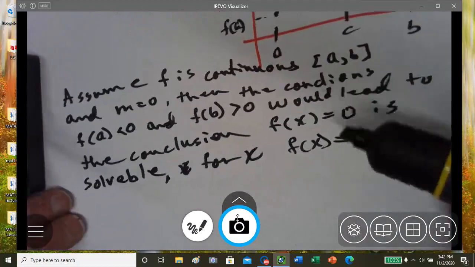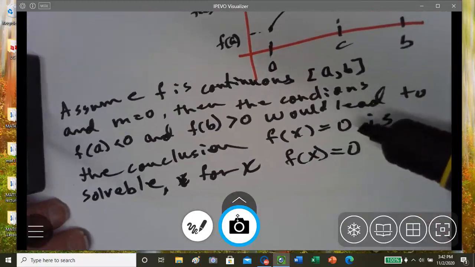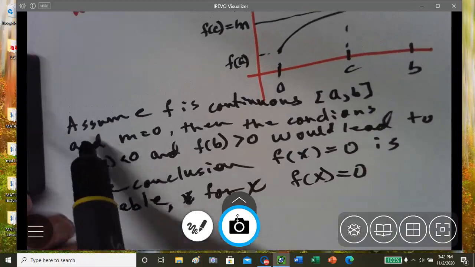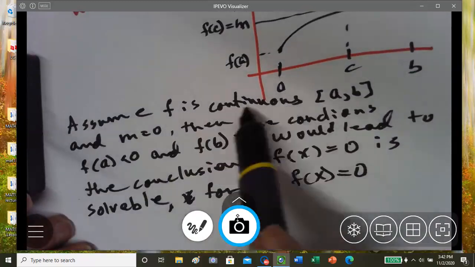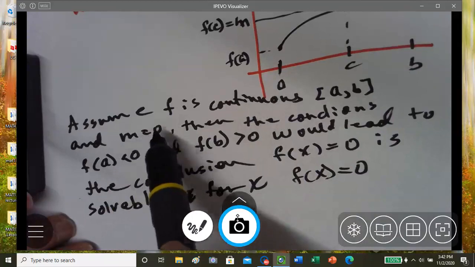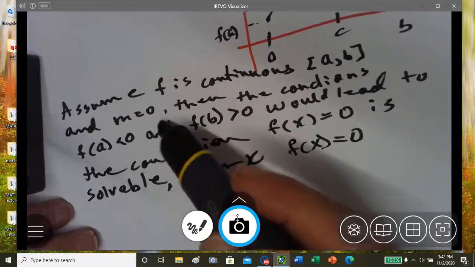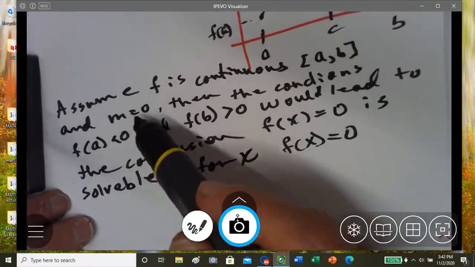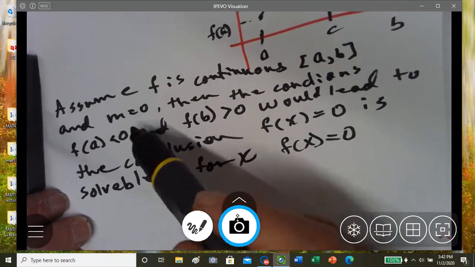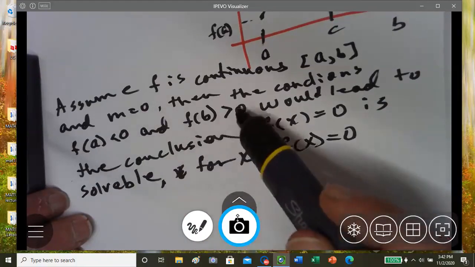Now it doesn't necessarily have to be 0. It could be 0, like if we're looking for a root. But what we're saying here is assume, first of all, f has to be continuous. And we're saying that m is some number, in this case 0. In this case, it's easier to show that when m is 0, then f of a is less than 0 and f of b is greater than 0.